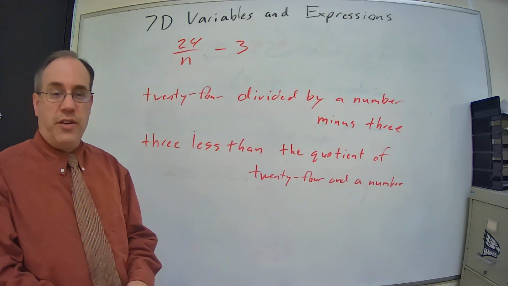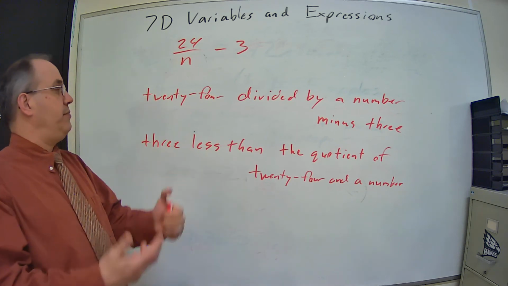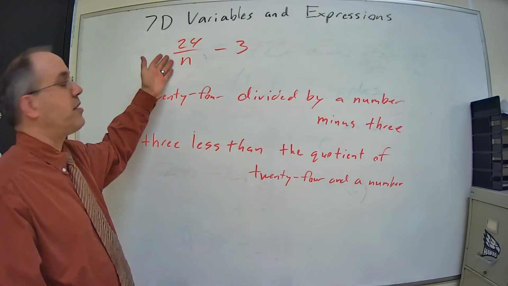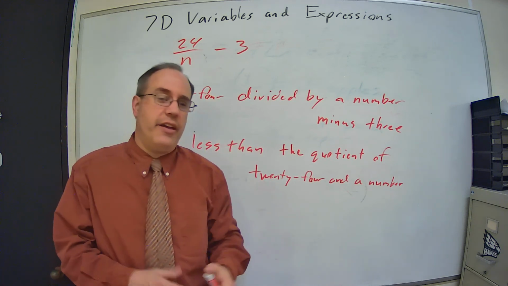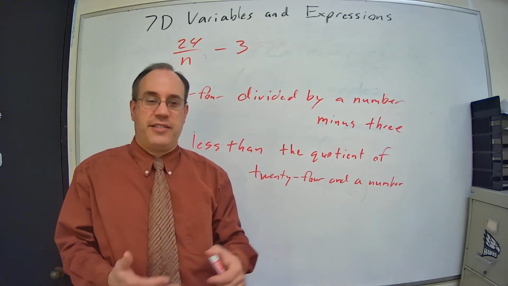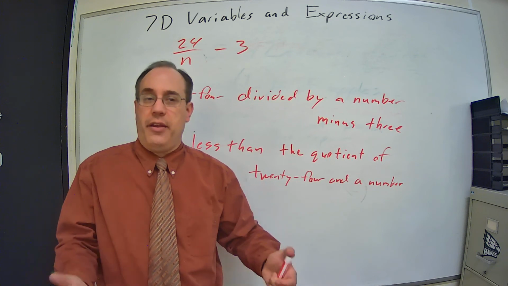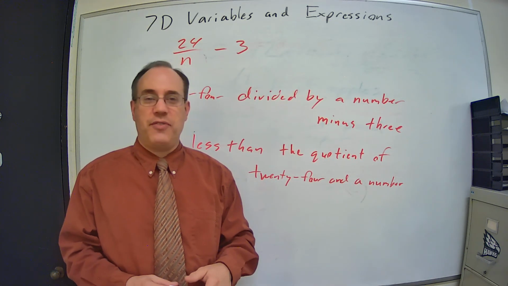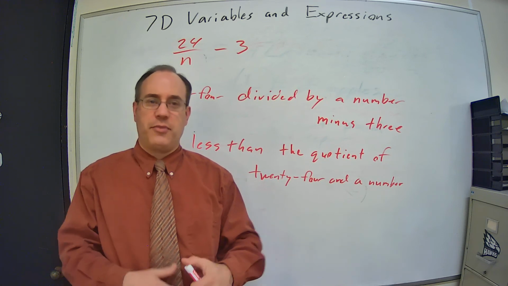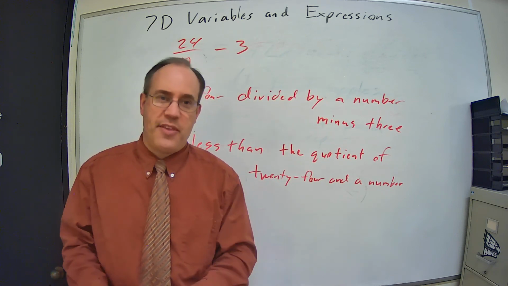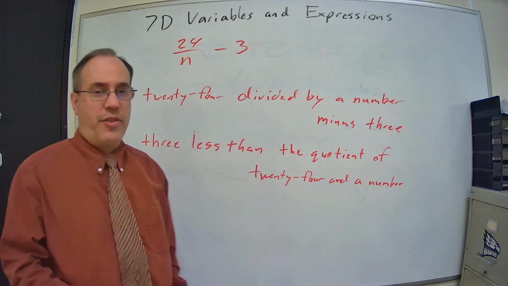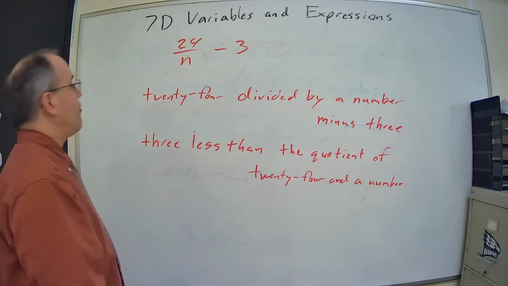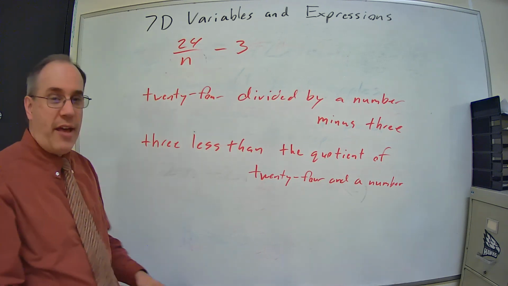And vice versa, if it says 24 divided by a number minus 3, 24 divided by some variable. In this case, I chose n. A lot of times we use n because a number, n. Many times we use x because that's the standard thing. Anytime you see algebra, you seem to see x in there, right? Very familiar. And they're always trying to solve for x. So what variable I use doesn't matter.